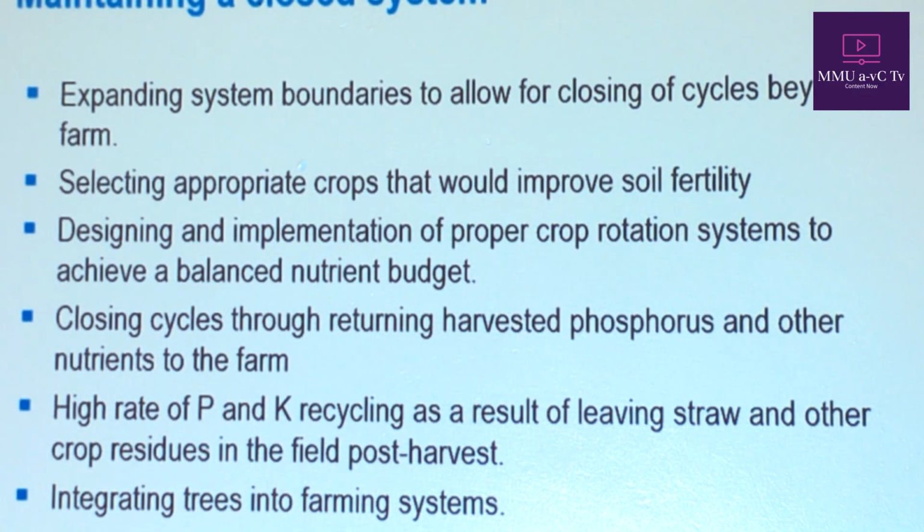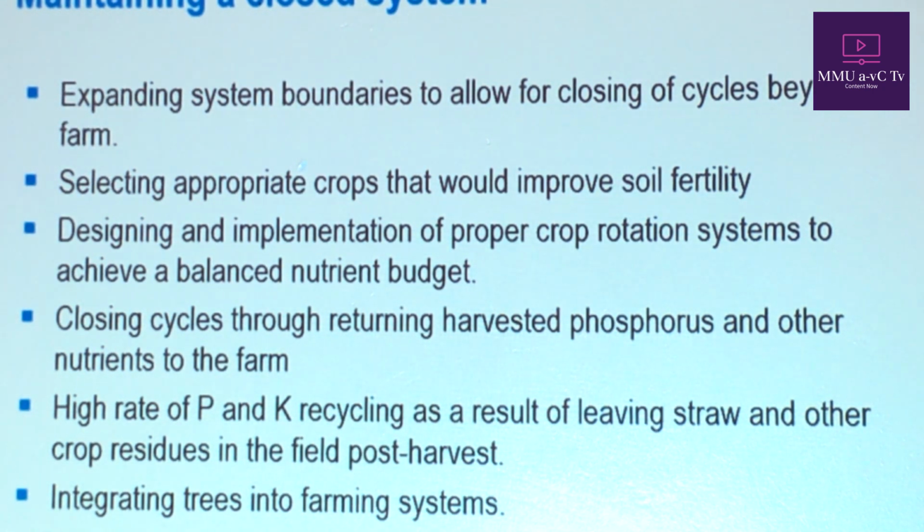So this expands the boundary of the farm. And in such a way, it means these two farms are a system, and when they are working together, they are a closed system. So this is how the boundaries can be expanded for one farm.